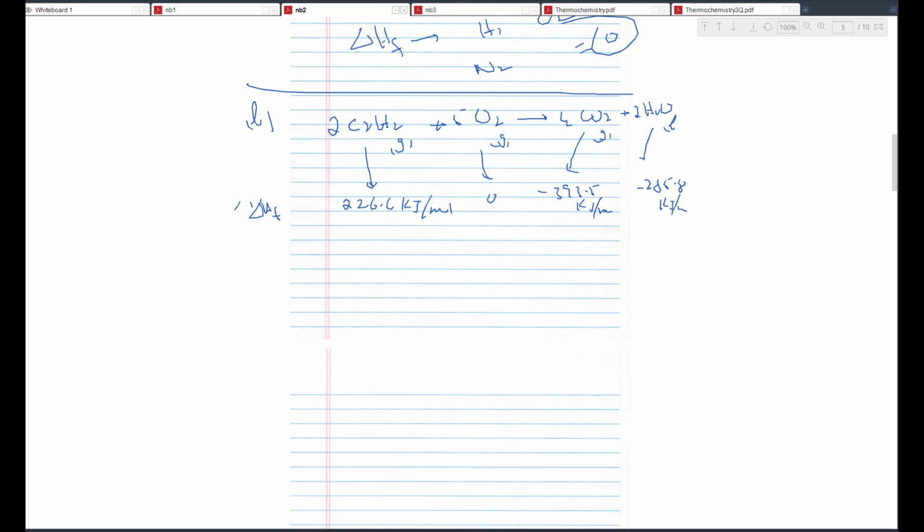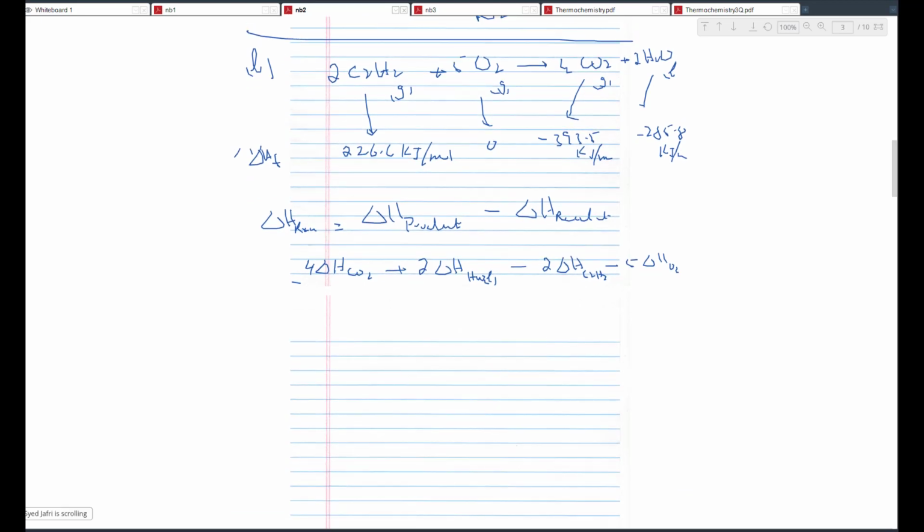I'm writing the delta H of reaction is equal to delta H of product minus delta H of reactant. For the product, because 4 CO2, write 4 times delta H of CO2 plus 2 times delta H of water liquid, minus 2 times delta H of C2H2, minus 5 times delta H of O2.